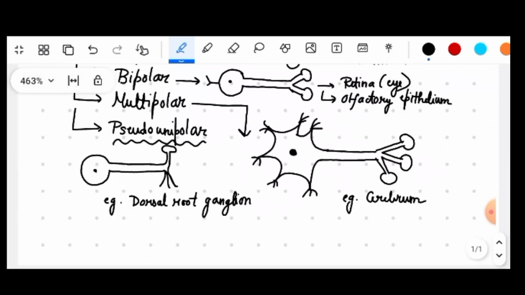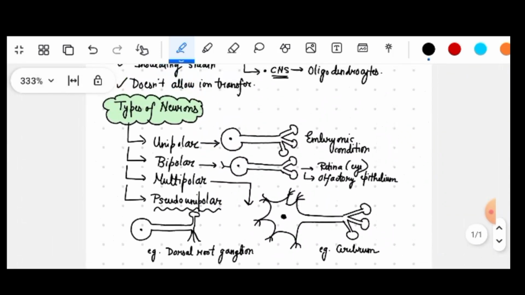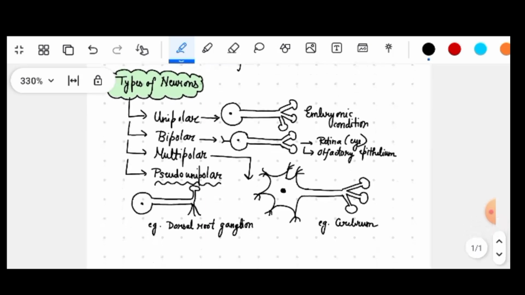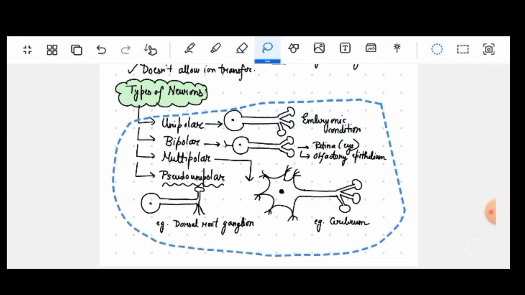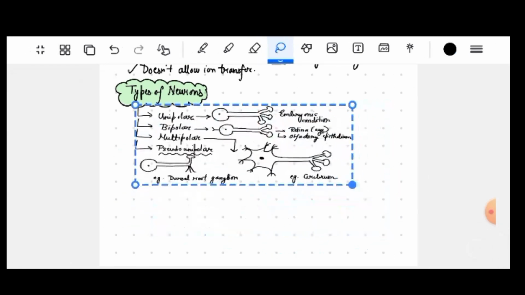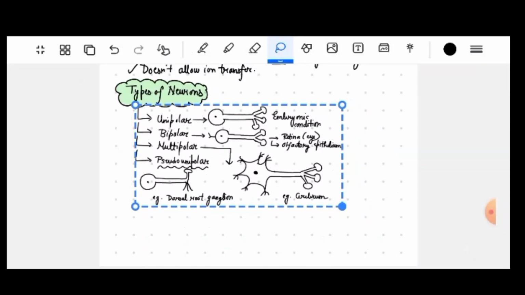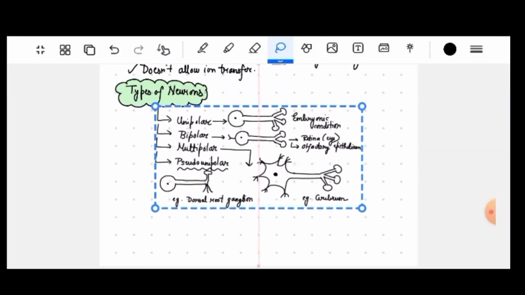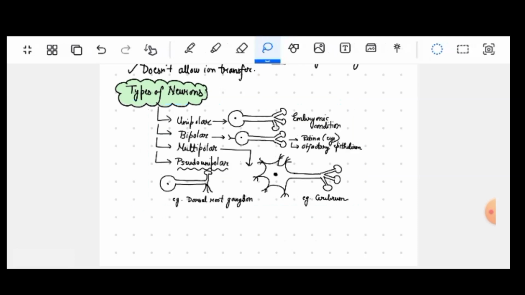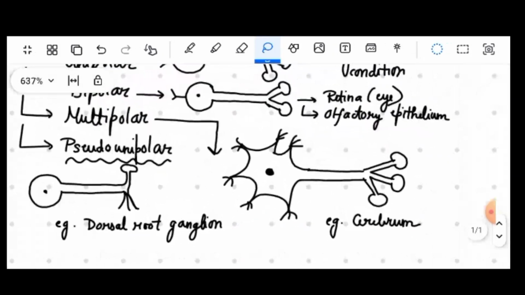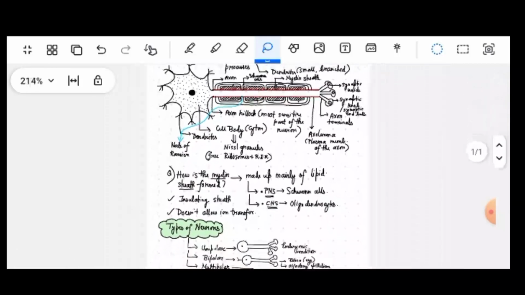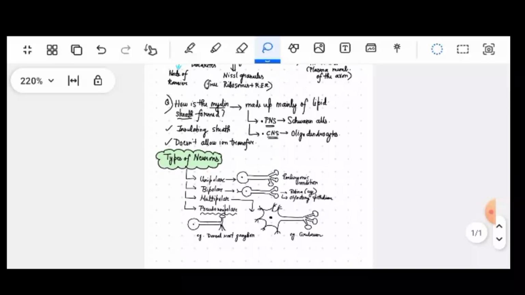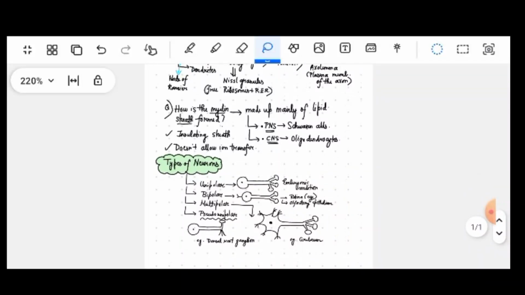So I've told you about all the types of neurons as well. We will just reduce the size. So it looks better. Yes, it now looks better. So I've explained to you about the neuron, the structure of the neuron, some basic questions, and obviously the types of neurons.